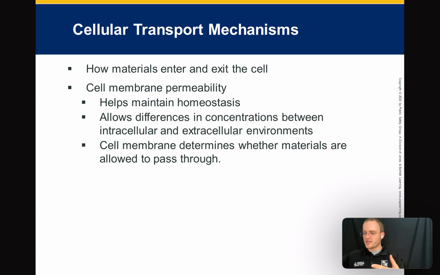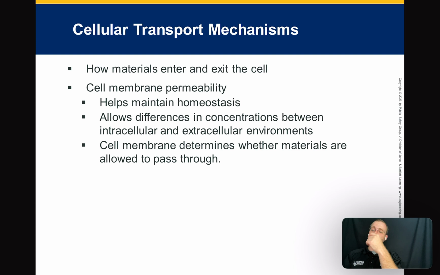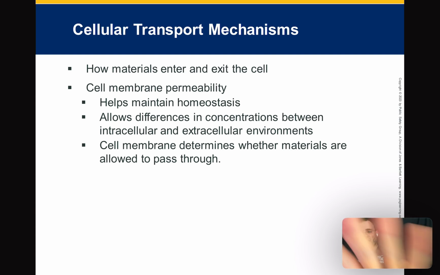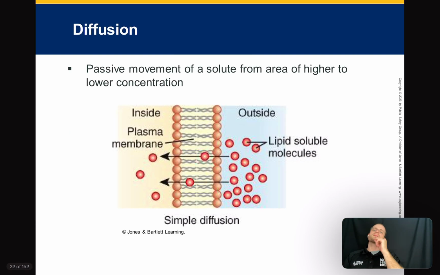It's a process you need to know because we can influence this in medicine. Our cells have a selectively permeable membrane, where we let some stuff in, but we don't let other stuff out. Concentrations influence this, charges influence this, sizes of the molecules influence this, receptors, enzymes, a lot of stuff influences this.